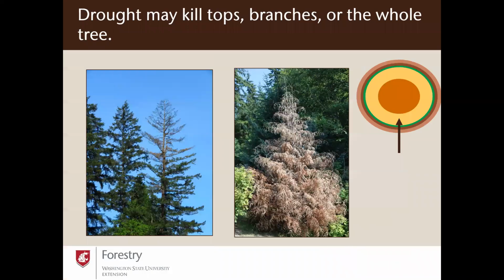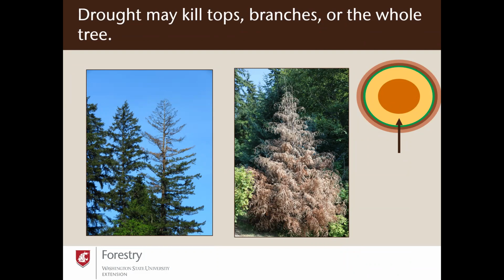But let's talk about what happens when trees are under drought stress. So think back to our model of the tree stem and that sapwood, where water needs to flow up, be pulled up the tree through transpiration pull. Hot, dry day. Stomata open up because the tree wants to eat.